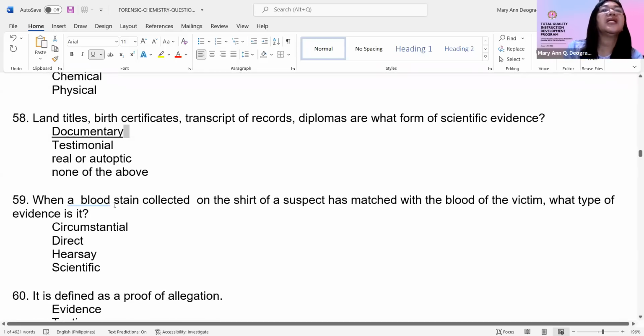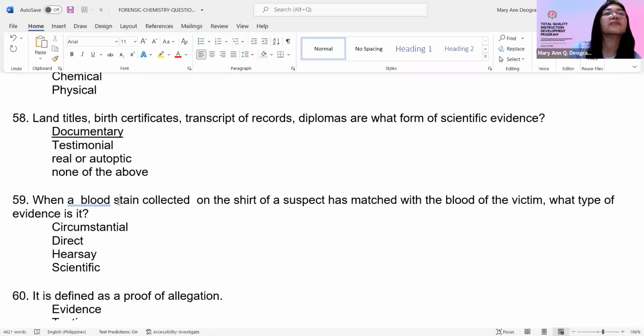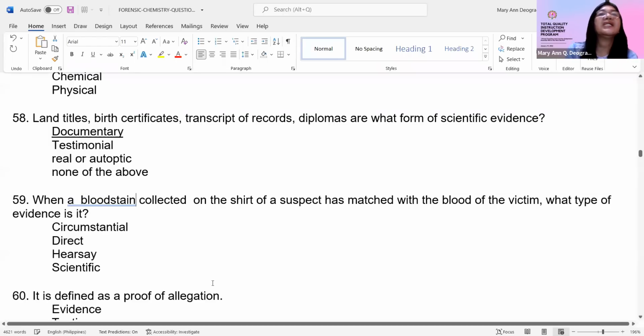Alright, number 59. When a blood stain is collected on the shirt of a suspect has matched with the blood of the victim, what kind of evidence is it?